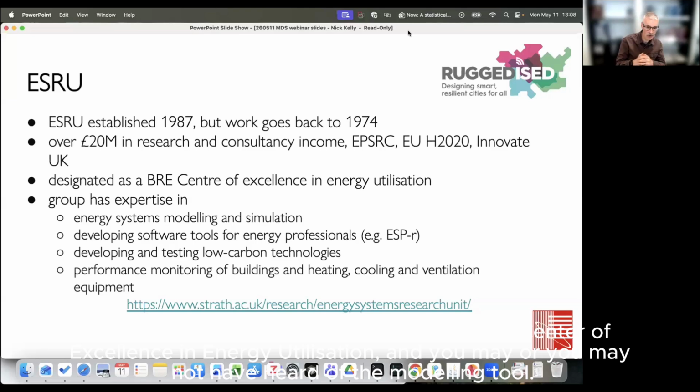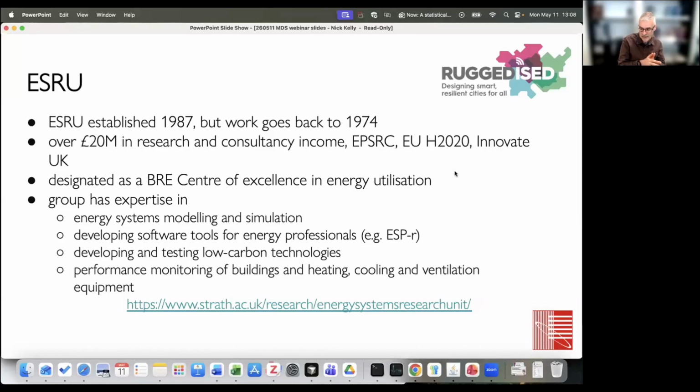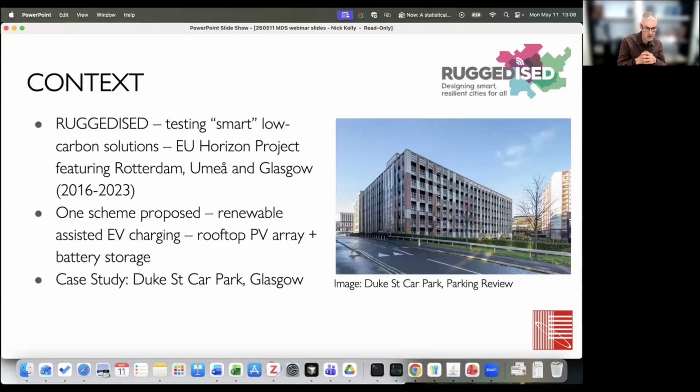You may or may not have heard of the modelling tool that we developed, which is called ESP-r. Things like EnergyPlus are effectively derived from ESP-r. In fact, Drew Crawley, who led EnergyPlus development a while ago, did his PhD at ESRU. So that's our background, very much building modelling and building simulation.